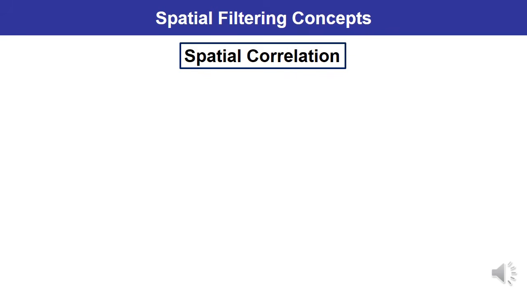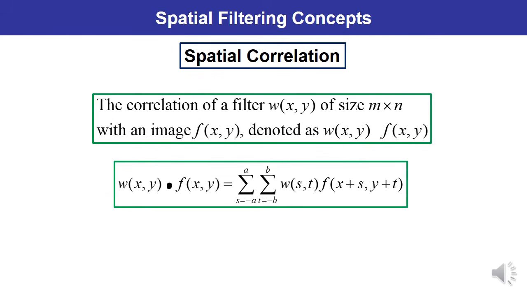In the spatial filtering concept, you will find two terms very frequently: correlation and convolution. Just to give a review, first, spatial correlation. Correlation of a filter w(x,y) of size m cross n with image f(x,y) can be denoted as w(s,t) and f(x plus s, y plus t).